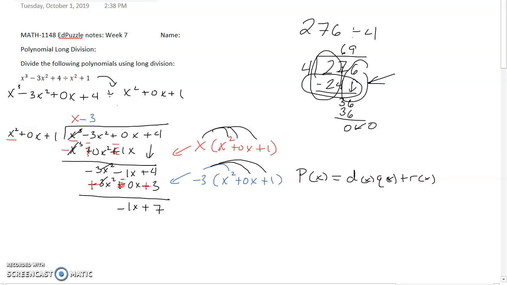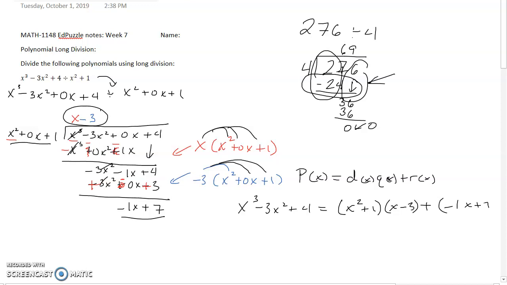So the original polynomial, x cubed minus 3x squared plus 4, is equal to our divisor, which this time I'll take the 0 out, x squared plus 1, times our quotient, which is up here, x minus 3, plus our remainder, which is negative 1x plus 7.